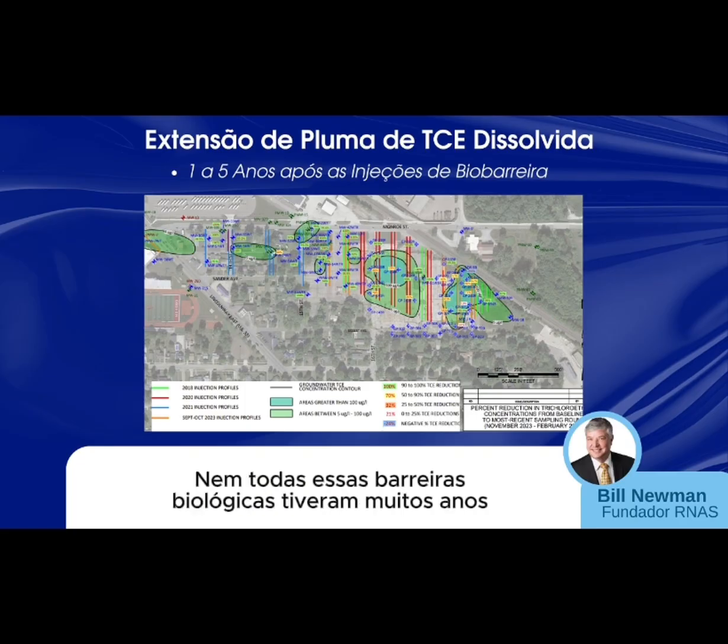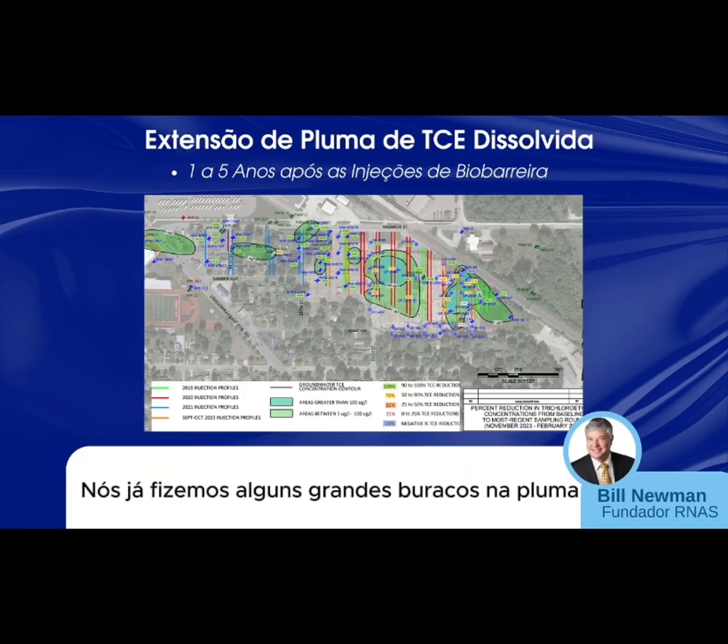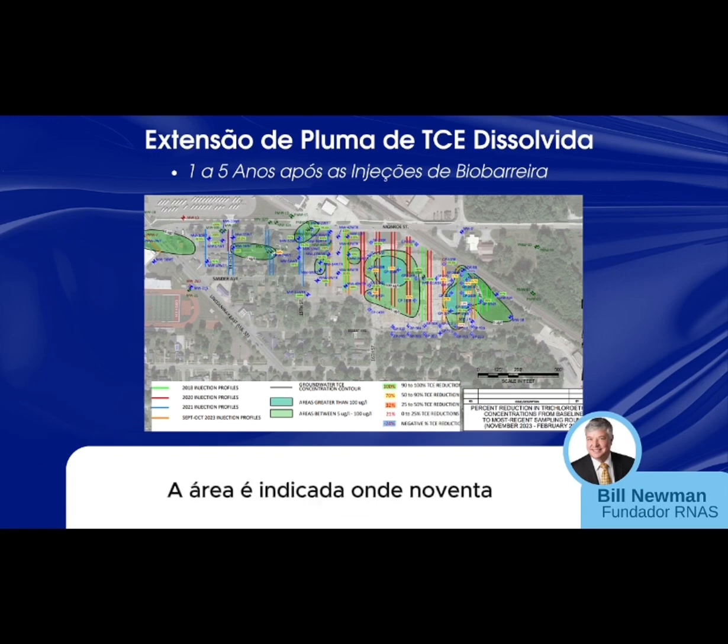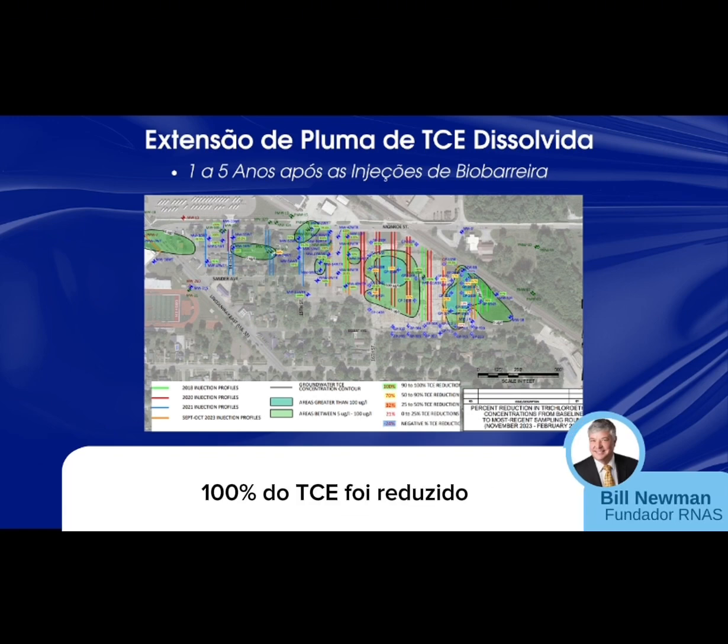So obviously not all of these biobarriers have had many years to allow the contaminants to travel through them, but you can see we've already knocked some big holes in the plume and we're effectively reducing the contaminants. It's a little bit harder to read, but you can see the areas indicated where 90 to 100% of the TCE has been reduced.